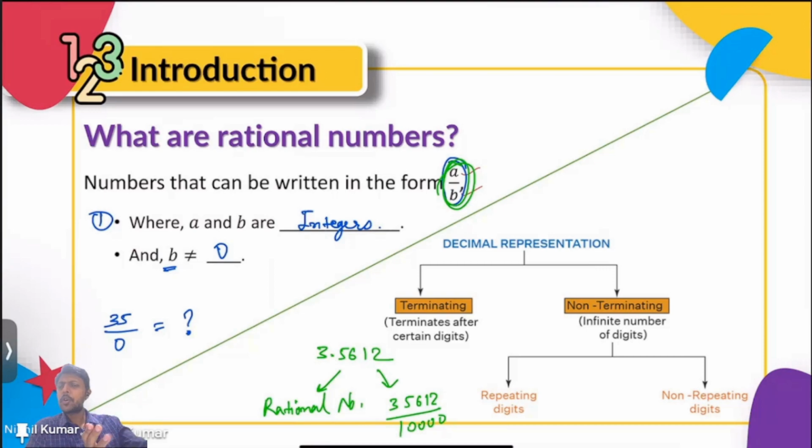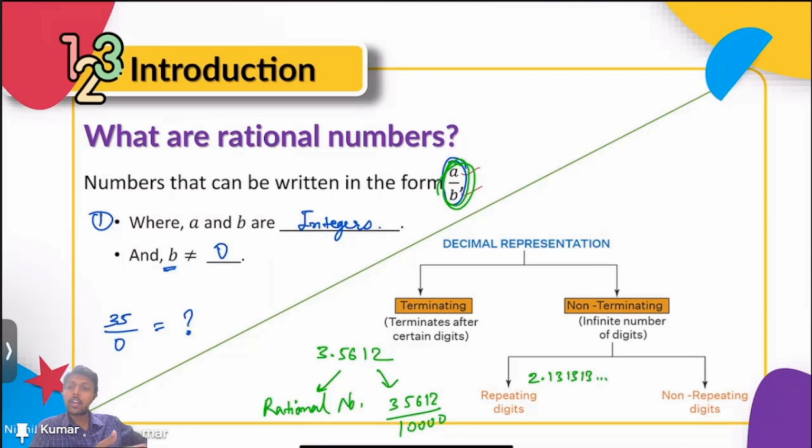What if you encounter a decimal which is non-terminating? That means it keeps on going. There are two such types of decimals. One kind is when you have repeating digits, something like 2.131313, and it keeps on going like that.